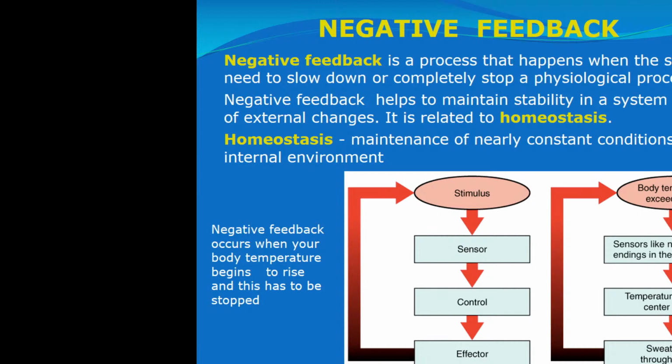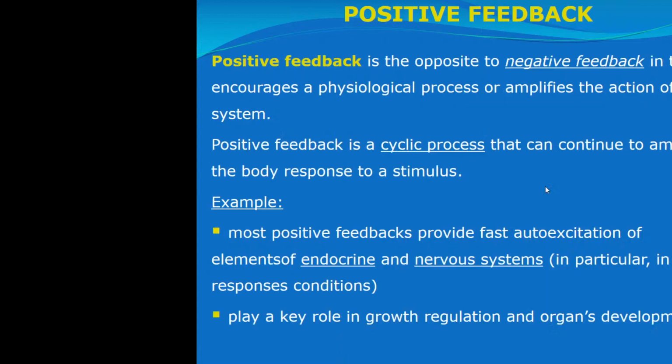If body temperature exceeds 37 degrees centigrade, sensors like nerve cells with endings in the skin and brain, then the temperature regulatory center in the brain, and then sweat glands throughout the body, the negative feedback loop works, and stops the body temperature rise.